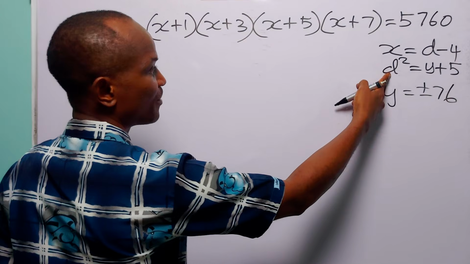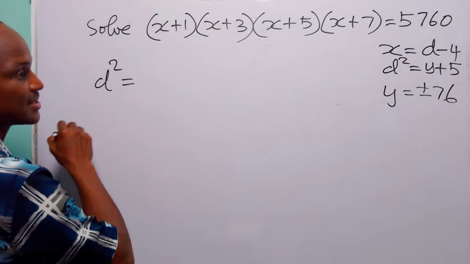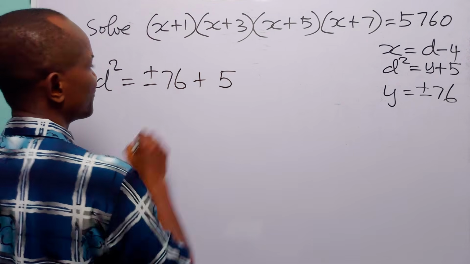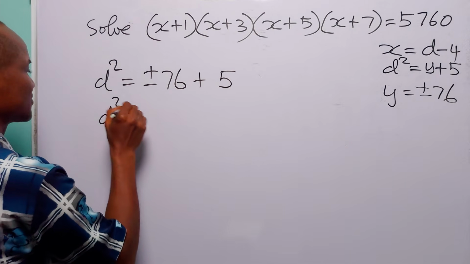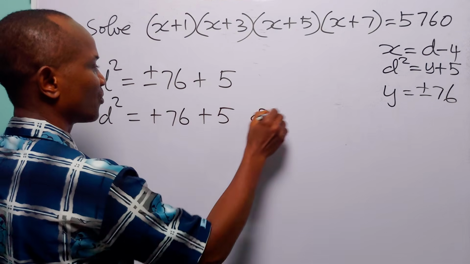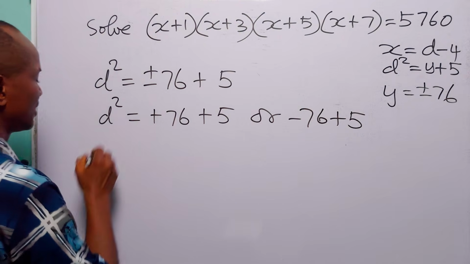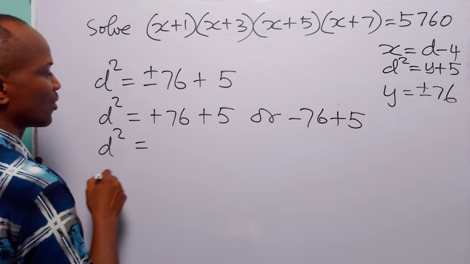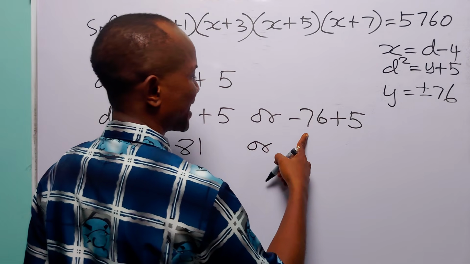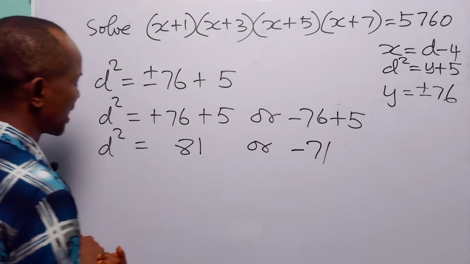Now to find the values of d, we go back to this substitution equation. We have that d squared is equal to plus or minus 76 plus 5. From here, we have that d squared is equal to plus 76 plus 5, or minus 76 plus 5. d squared is equal to 76 plus 5, which is 81, or minus 76 plus 5, which is minus 71.